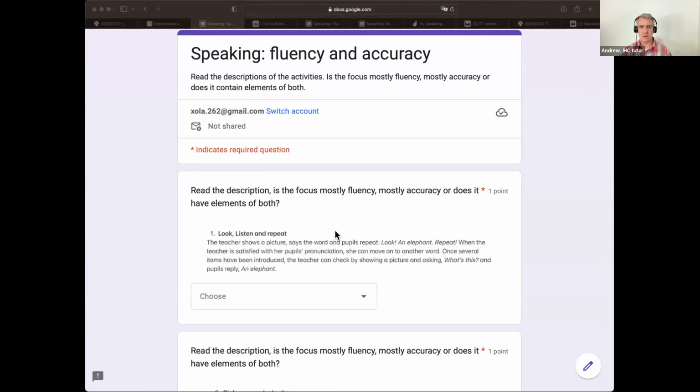In terms of accuracy, that is about being able to do something without making mistakes. It is the use of correct forms of grammar, vocabulary, spelling, and pronunciation.